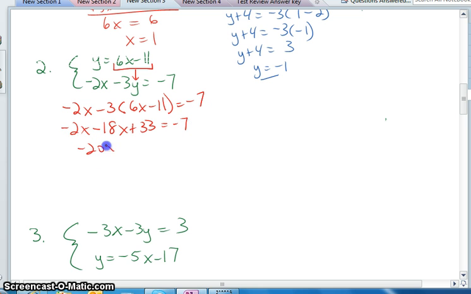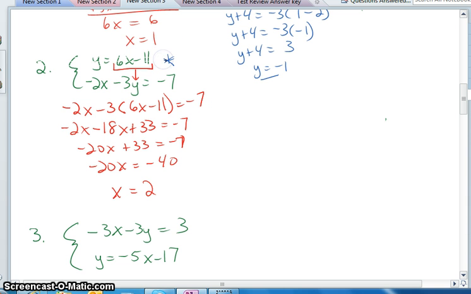Combine like terms. Move that 33 to the other side, and then divide by negative 20. So x equals 2. Then I need to know, what does y equal? So you get to pick whichever equation you want to use.